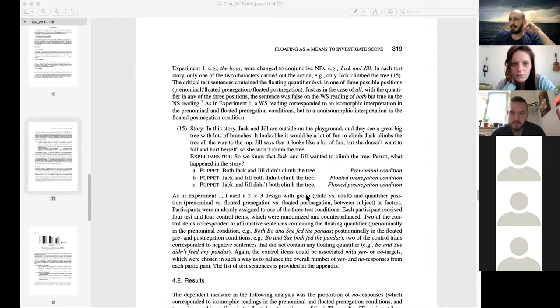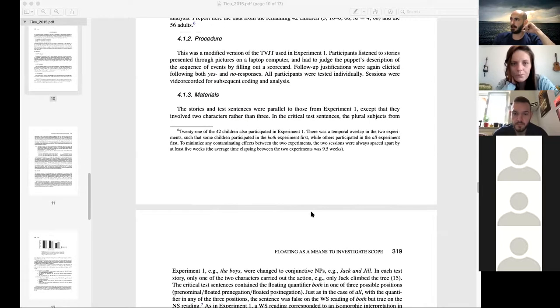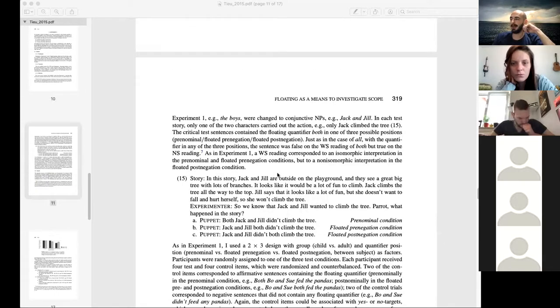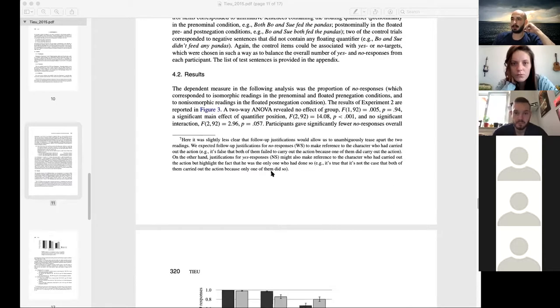Which should be 14 children per condition. Am I right? So 14 children per condition times 4 trials is like 56 data points per condition. And yeah, that is not a lot, right?